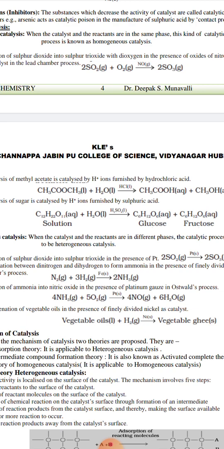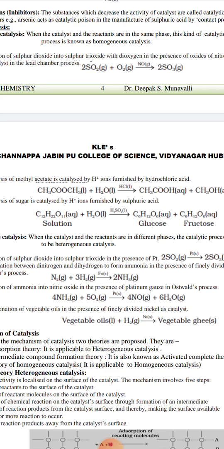Earlier, the same oxidation of sulfur dioxide to sulfur trioxide in presence of nitric oxide is an example of homogeneous. But if I use platinum, it becomes heterogeneous catalysis because platinum is in solid state and sulfur dioxide is in gaseous state. Both are in different physical states, hence it is heterogeneous catalysis.